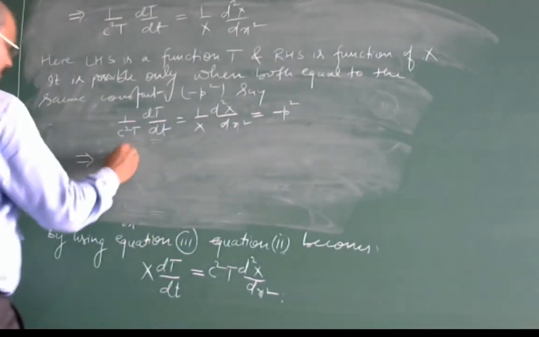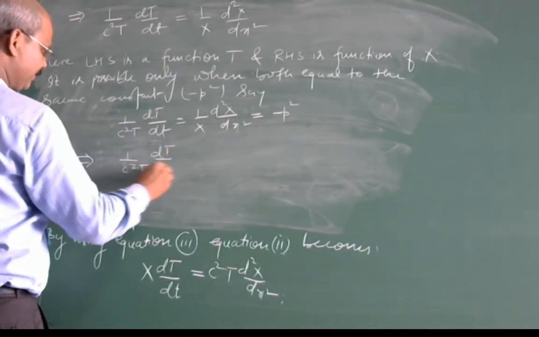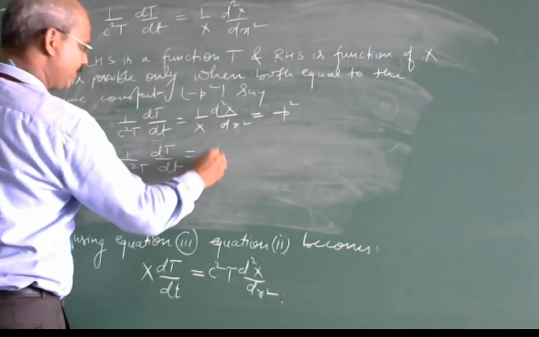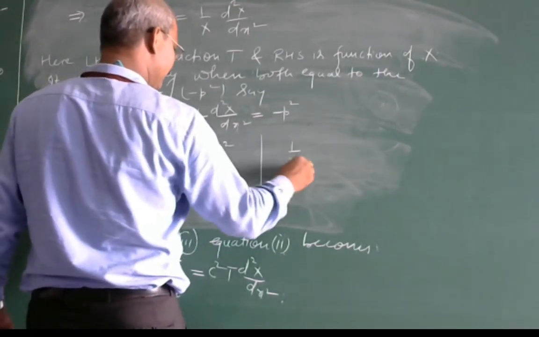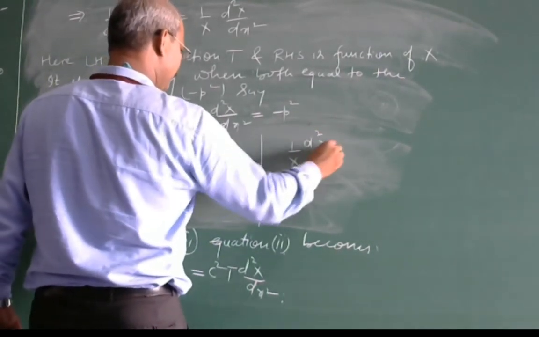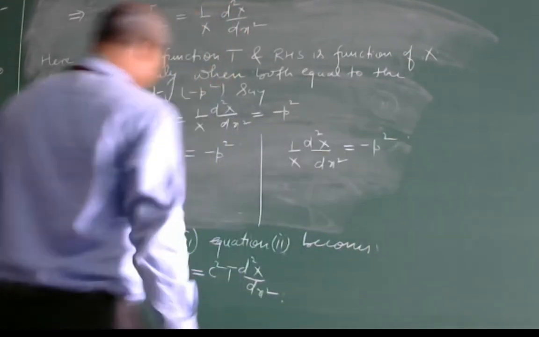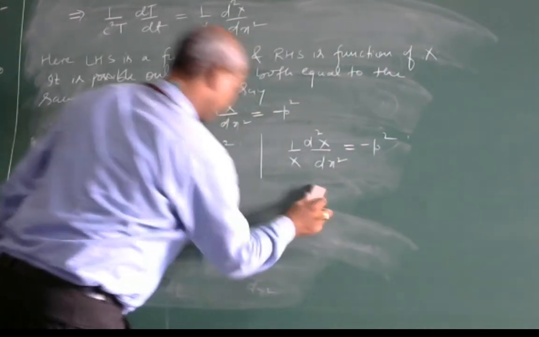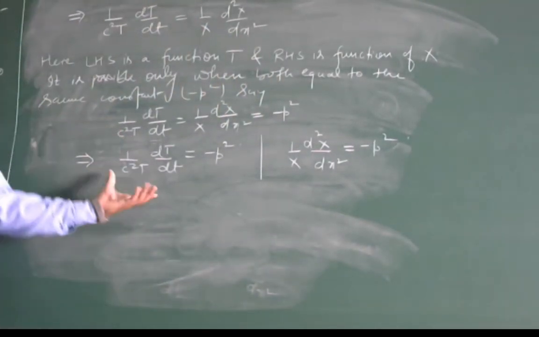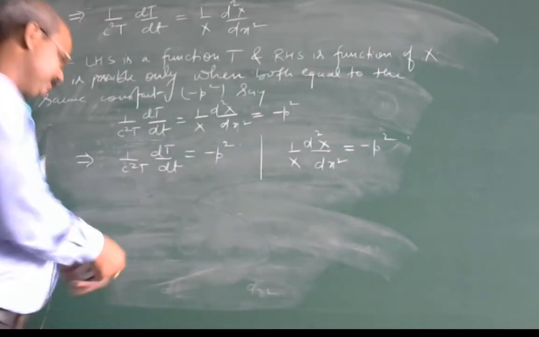So now 1 upon c square T dT by dt is equal to minus p square, and 1 upon X d2X upon dx square is equal to minus p square. We can write it here. Now from here we can solve it in this way.